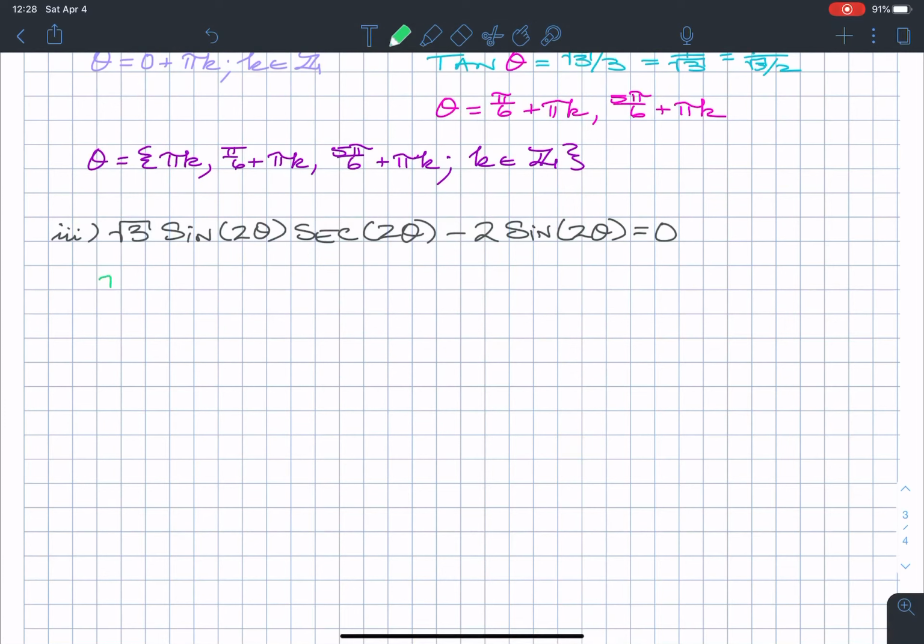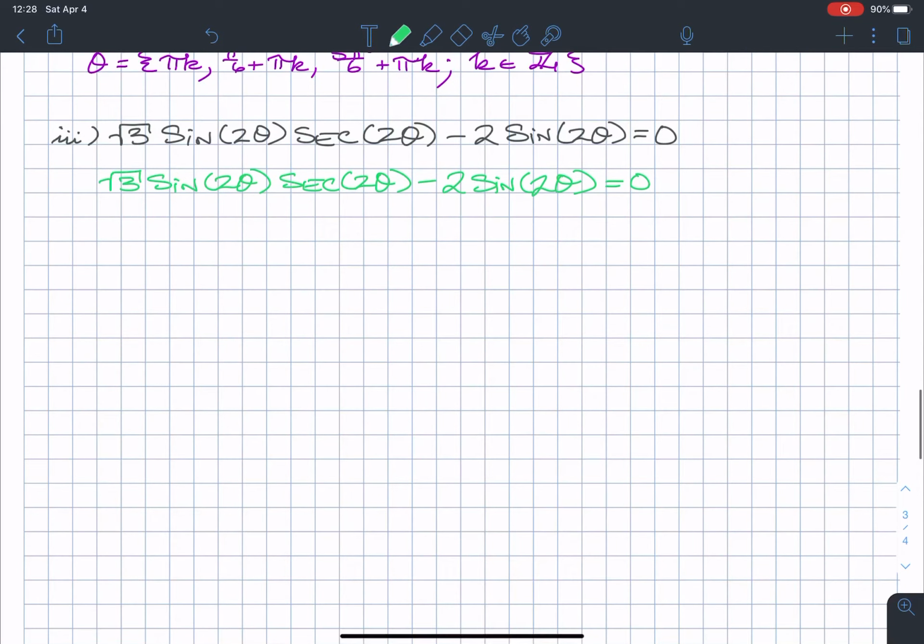We have the square root of 3 times sine of 2 theta times secant of 2 theta minus 2 times sine of 2 theta is equal to 0. So I see that there is a sine of 2 theta common to both terms.